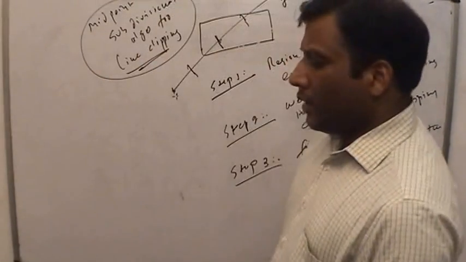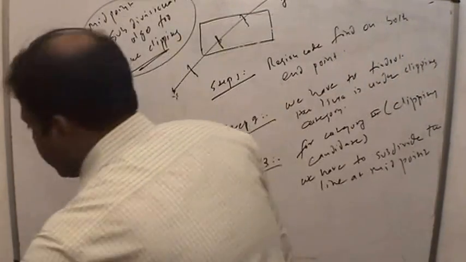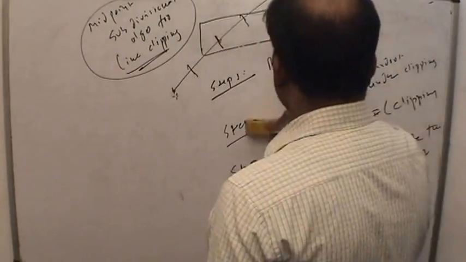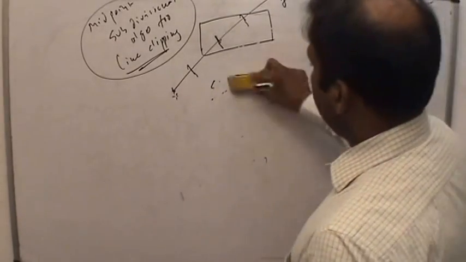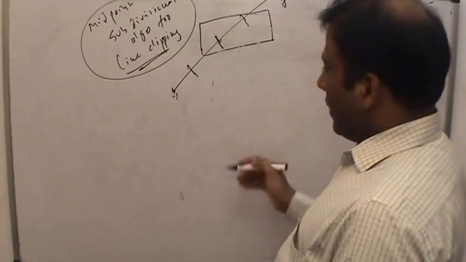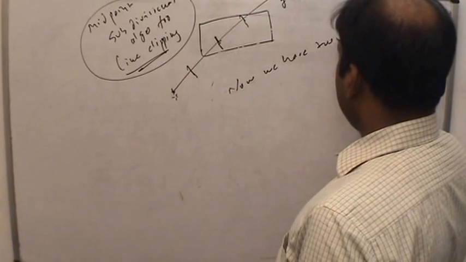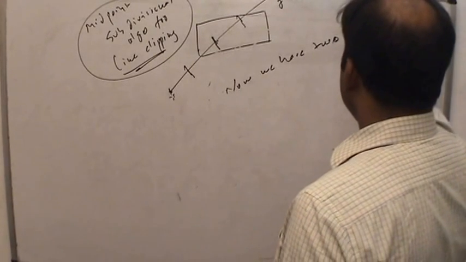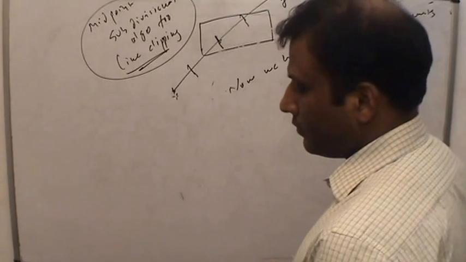Now how can we represent this? We can represent this line as follows. Now we have two line segments.